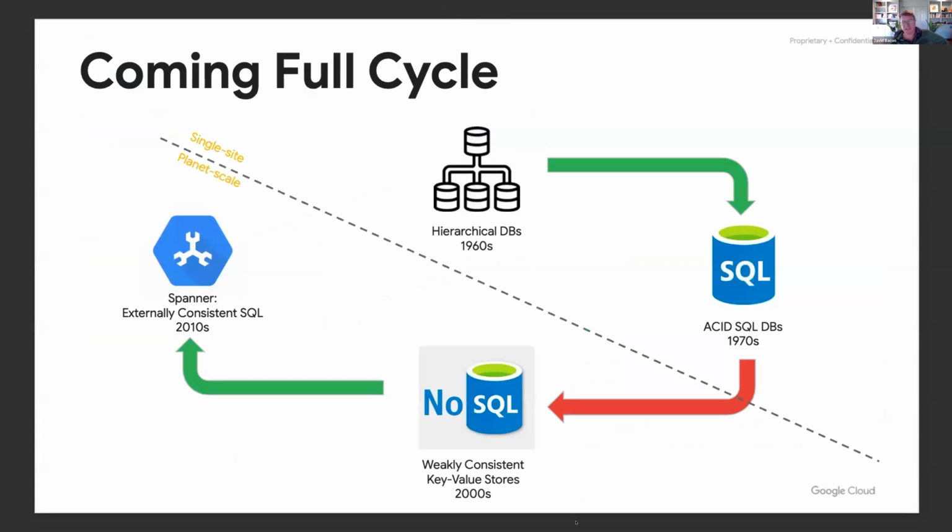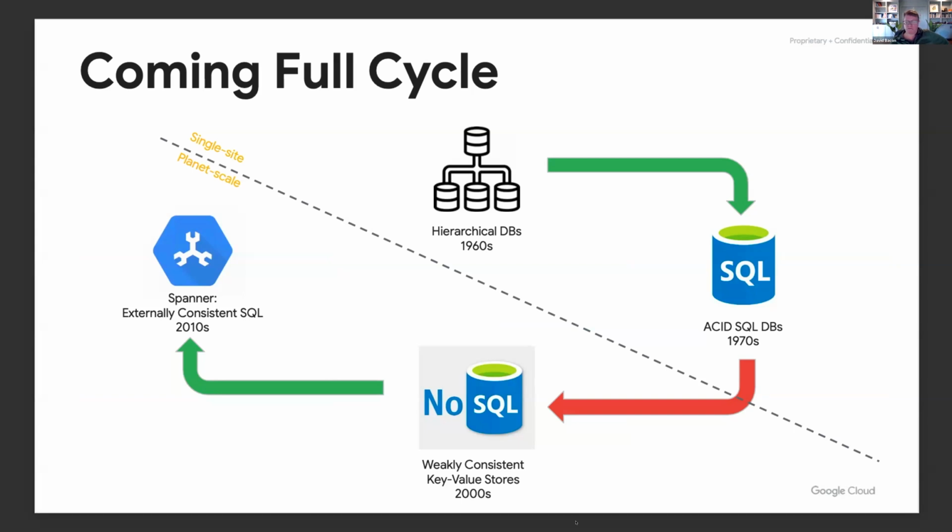So I think it's also really interesting that we've kind of come full cycle, right? We started with hierarchical databases, which didn't have much more structure than a Unix file system. We went to SQL databases with ACID consistency.